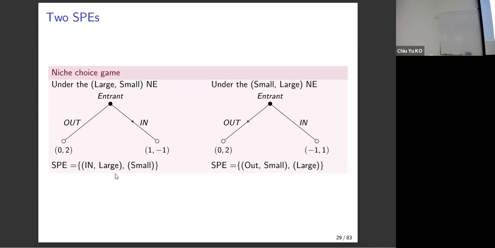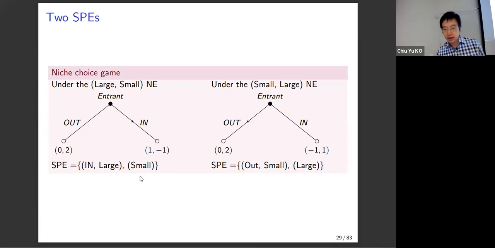That means when you come, you know I'm going to focus on large. Or I remove any product that caters for the small market. Then you know when you come, I just do large. But of course, this requires a commitment.